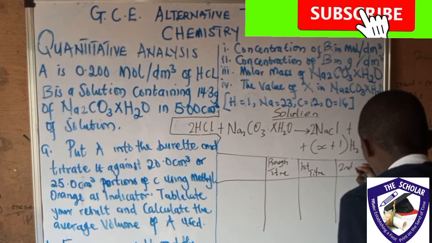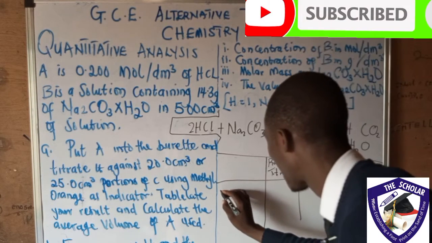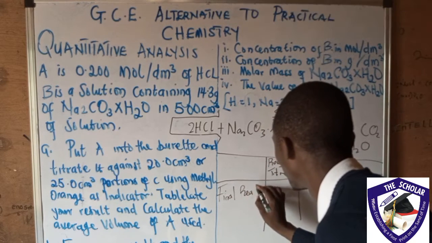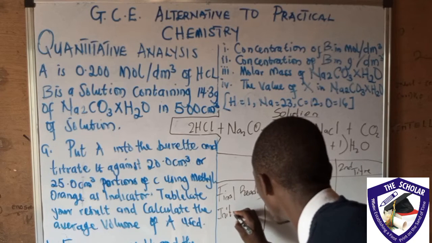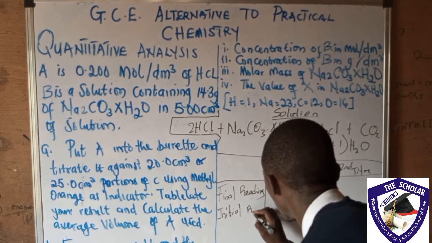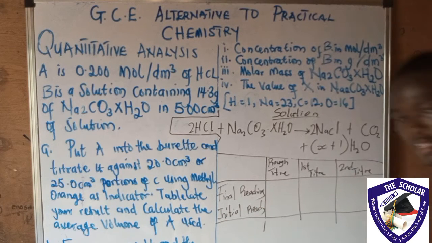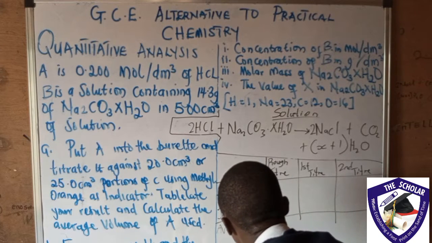Then my second titer. Are you with me? Now, here I have my final reading. And here I have my initial reading. Then here I have my average volume of acid used.